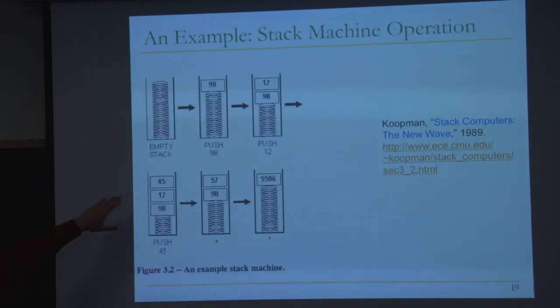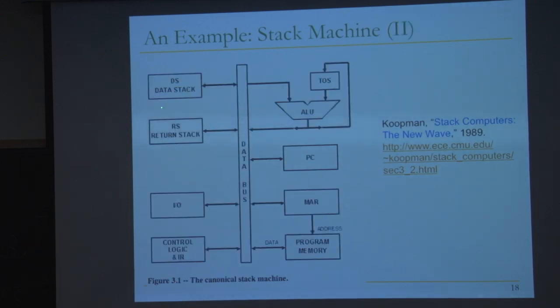Let me give you an example. Again, this is from that book. Initially, you have an empty stack. If you want to do some computation, you push 98 to the stack. This is a push 98. That takes the value from a memory location and pushes it on top of the stack. And the stack is a hardware stack over here, which is different from memory over here. You could just have the stack itself, but it's more general purpose if you have memory and load the stack with values over there.